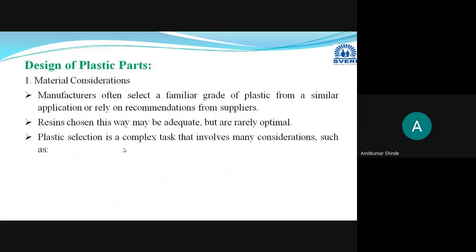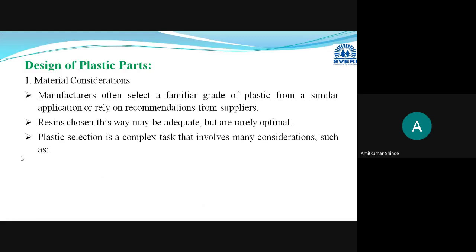material consideration. Okay, this is related to the material consideration. Here the design word I have used is for the plastic material. Now while selecting any kind of material, generally whenever we are choosing the material, we are depending a little bit on recommendations.